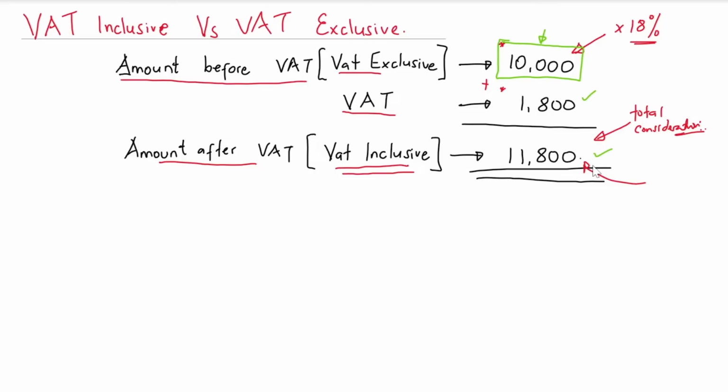Or sometimes you're simply going to have the VAT figure, and now you need to work backwards to get the amount before VAT, so that you're able to get the total amount inclusive of VAT. Or sometimes you're going to just be having the VAT inclusive figure, the amount after VAT. You just have that amount, and now you need to work backwards to get the VAT amount that is included here, plus the amount before VAT.